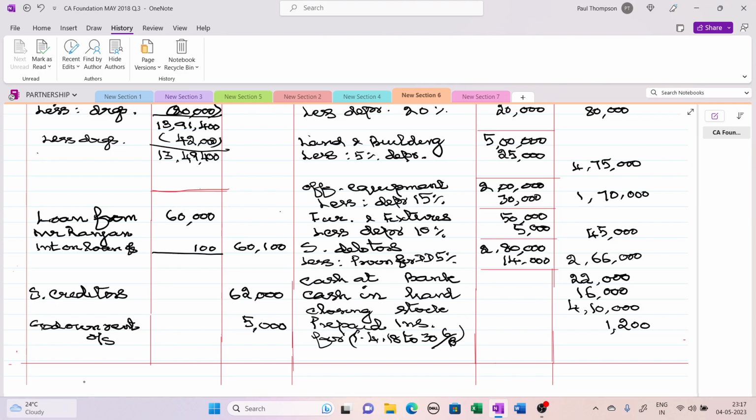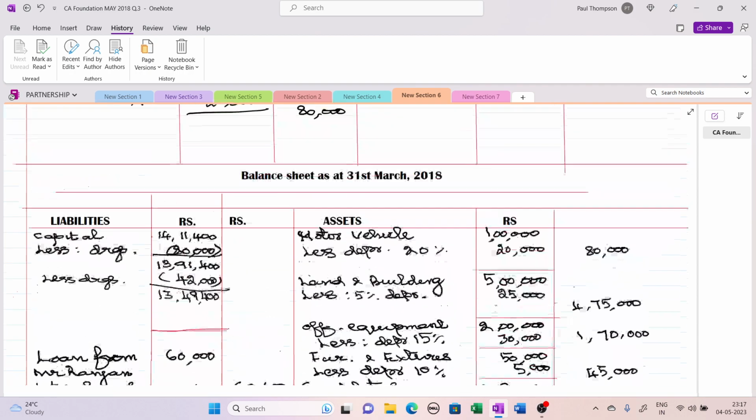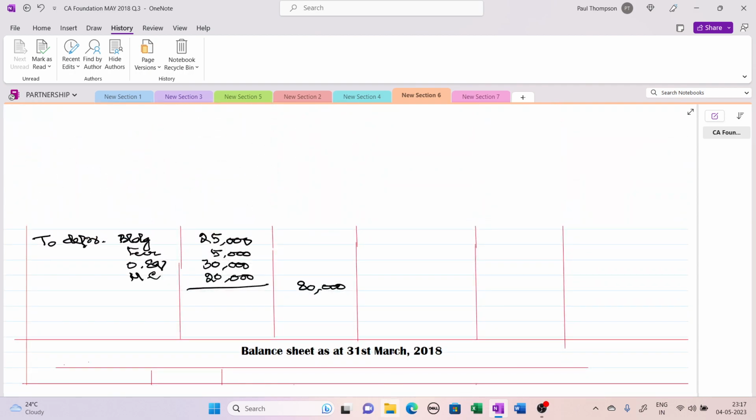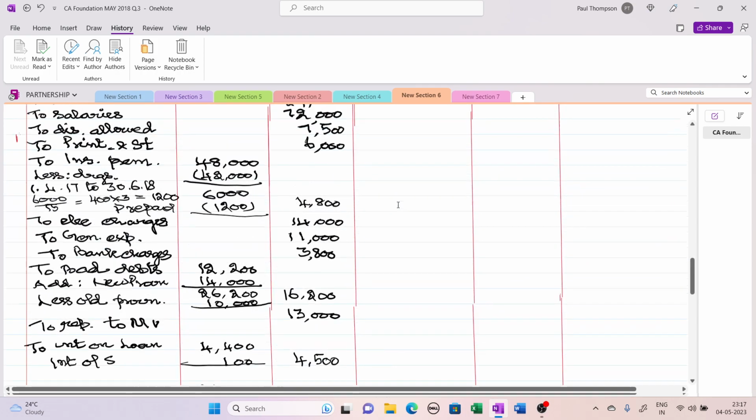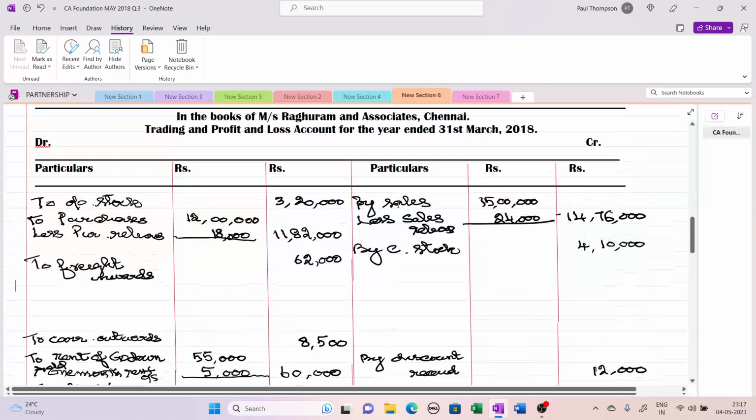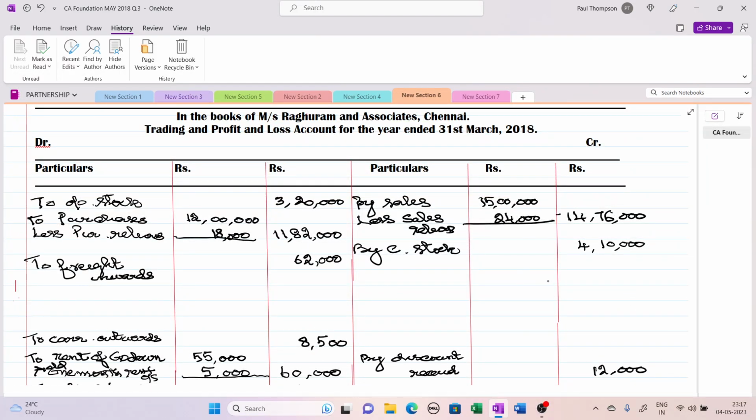Now we can close all the accounts. One by one we can close the accounts. So first let us close the trading account. 18,86,000. So I am writing the same here, 18,86,000.